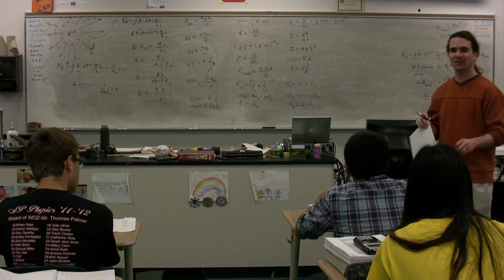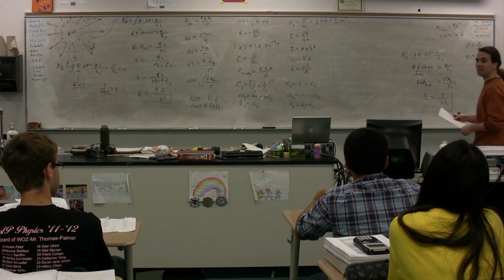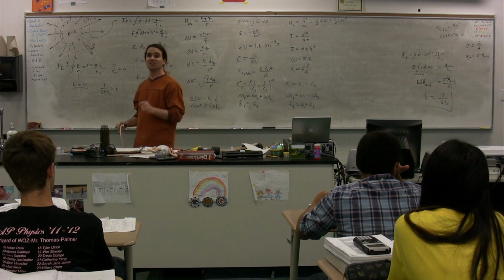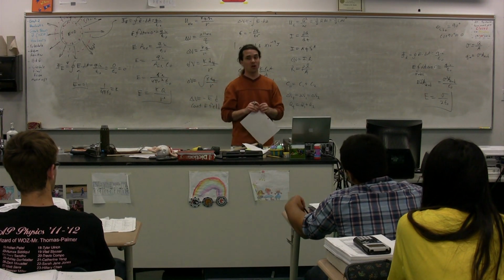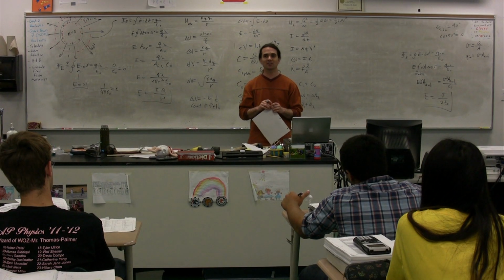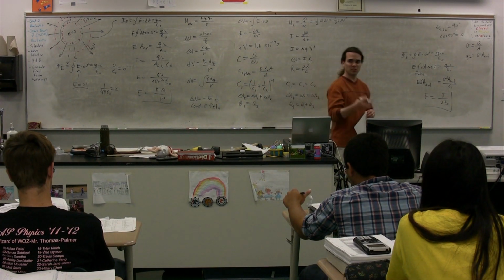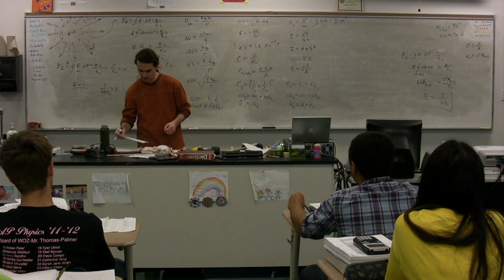One of them's material dependent. Resistivity is the one that's the material dependence. Resistance is also dependent on material, but resistance is also dependent on the length and the overall geometry. So resistivity is a material property, whereas resistance is a property of a specific resistor.